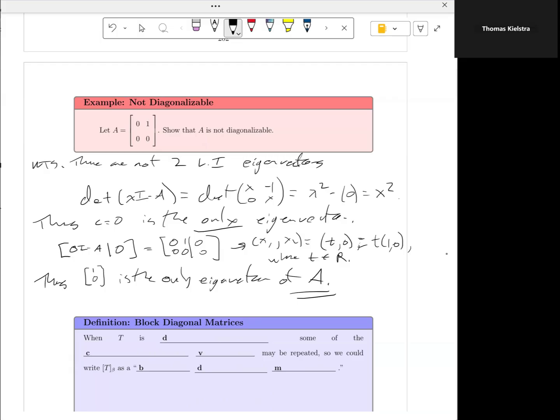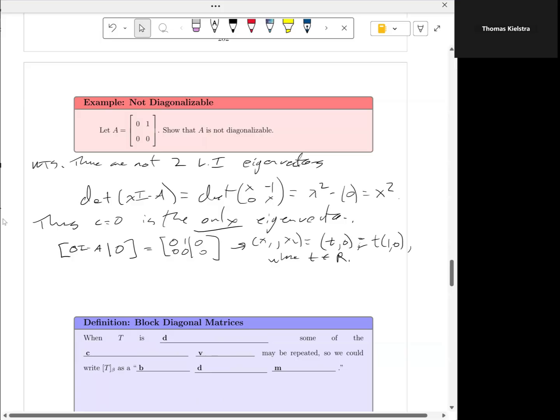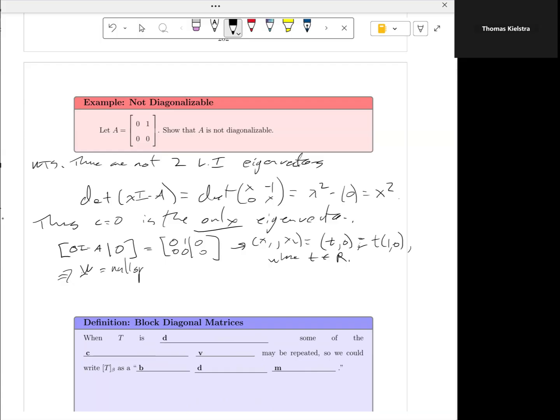So we have multiple eigenvectors, but the dimension of this eigenspace is the issue. If we let W equal the null space of 0I minus A, then the dimension of W equals 1.